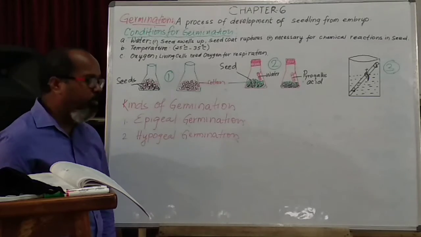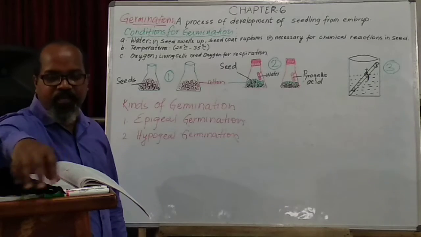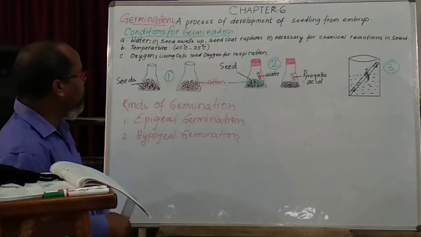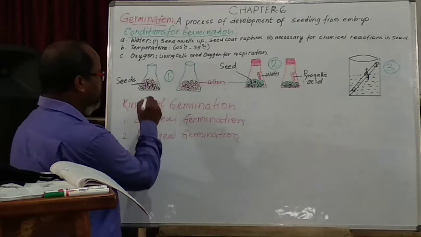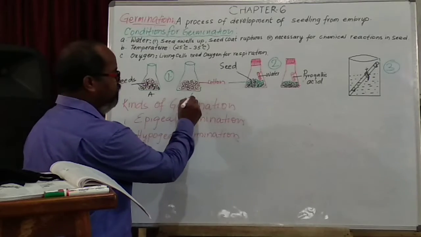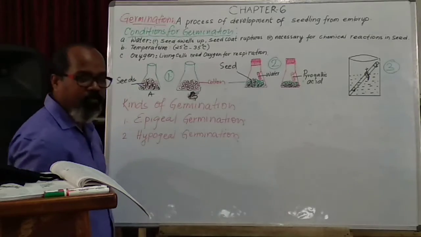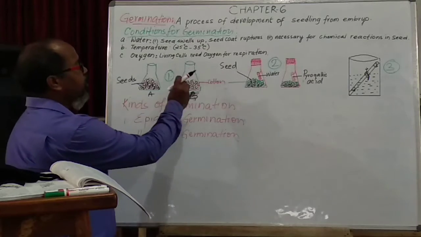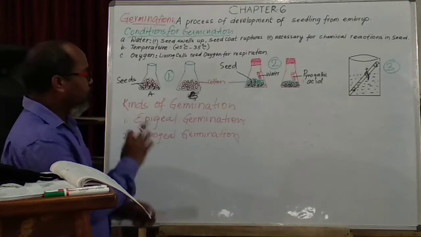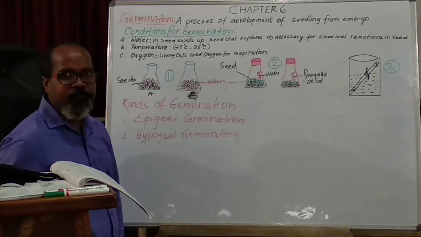First experiment. As you can see here, flask A and flask B. In both the flasks we have seeds.